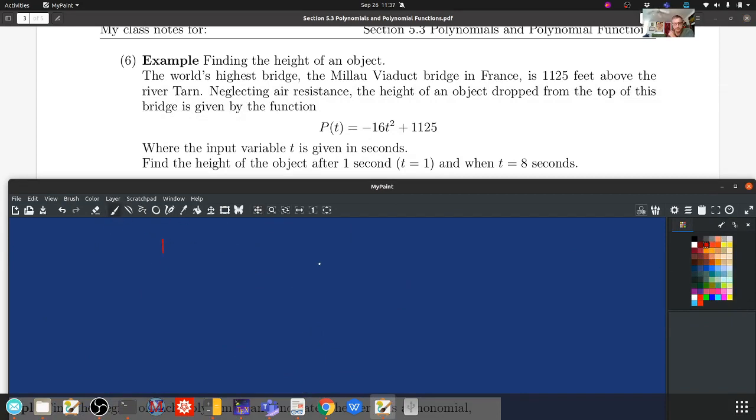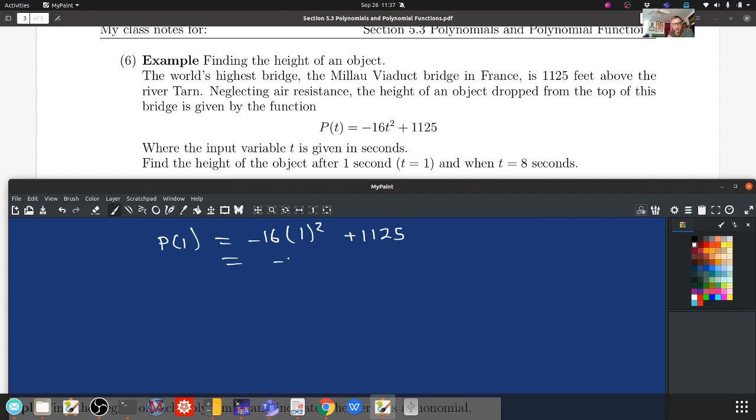So P of 1 is equal to minus 16 times 1 squared plus 1,125.